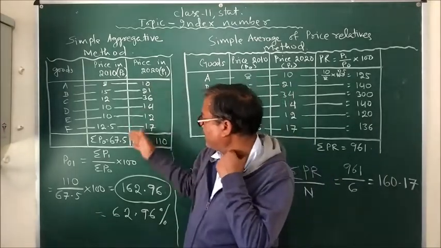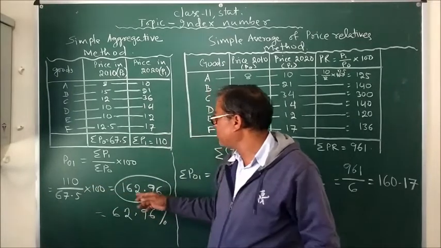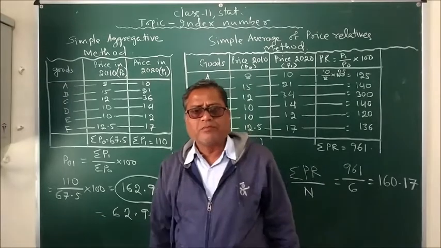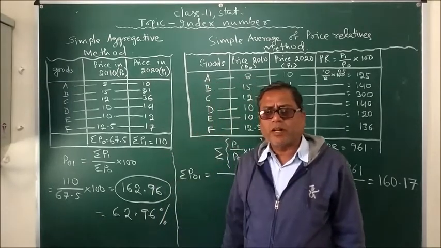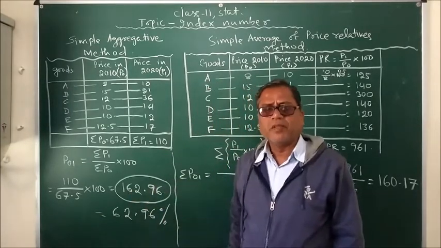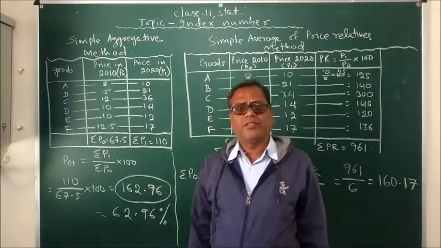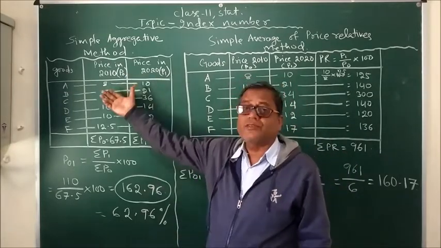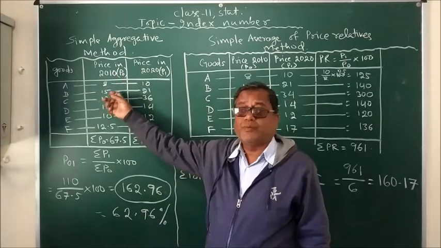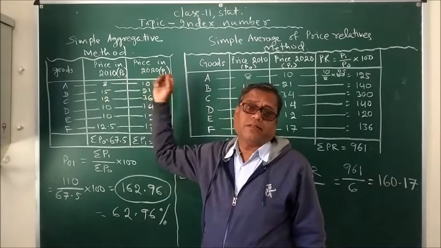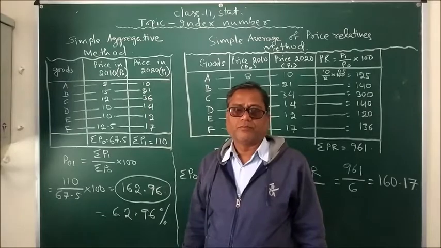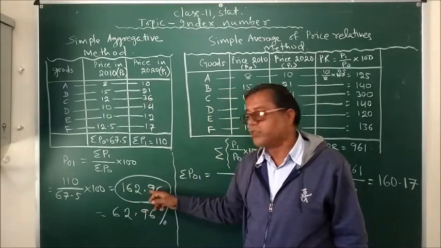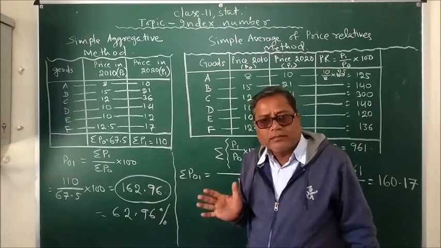We did it, and after calculation we found 162.96. Remember, if someone asks you after getting this result by how much prices have changed from 2010 to 2020, then you need to subtract 100 from 162.96. Why?